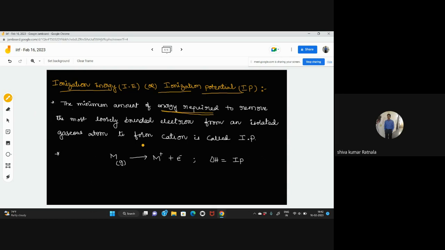So when energy is given, delta H is positive. If we are removing one electron, that is IP1.